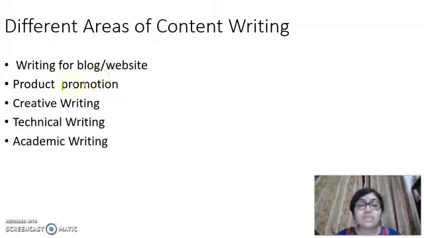The next option is product promotion. Product promotion is describing a product or a service and persuading your target audience to buy it. But here you cannot just directly say, oh, this product is nice, please go buy it. You have to write about some generic topic pertaining to that product, and then tell your target audience about the importance of that product.